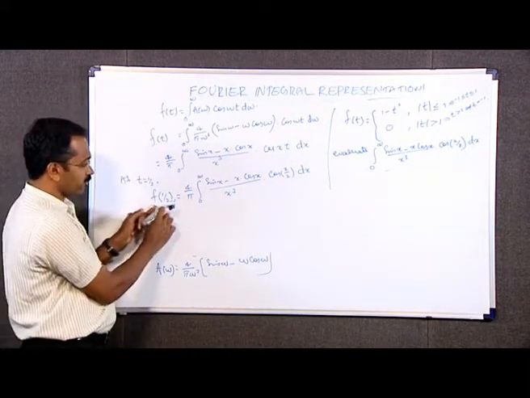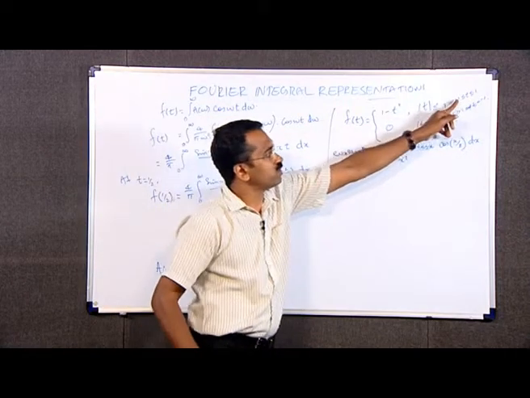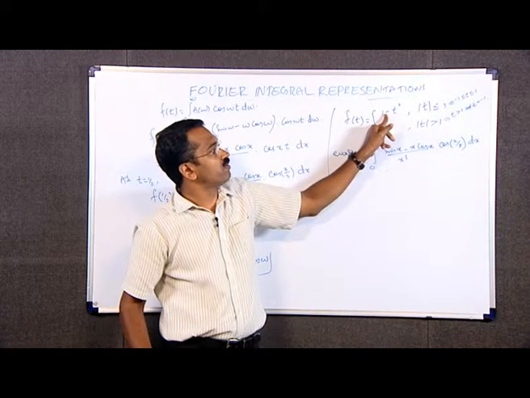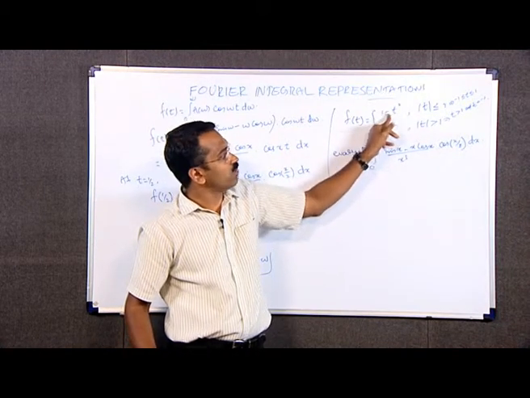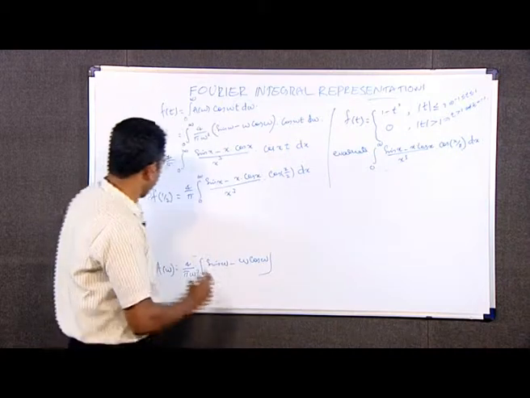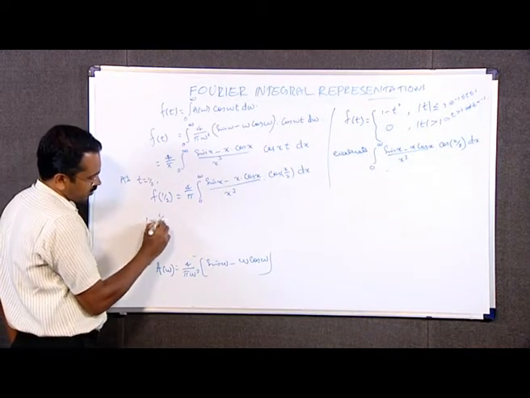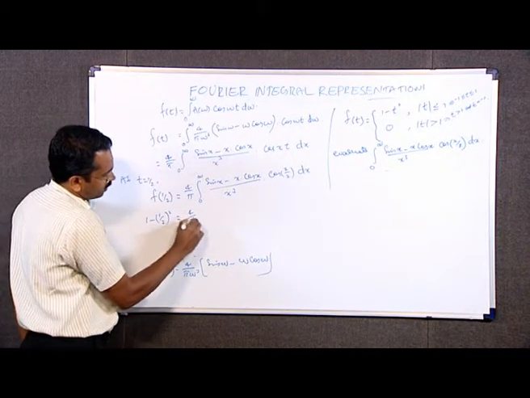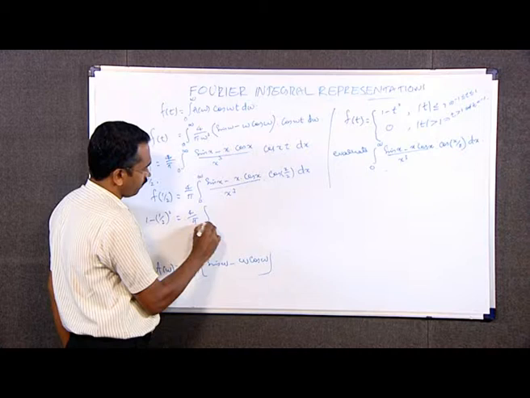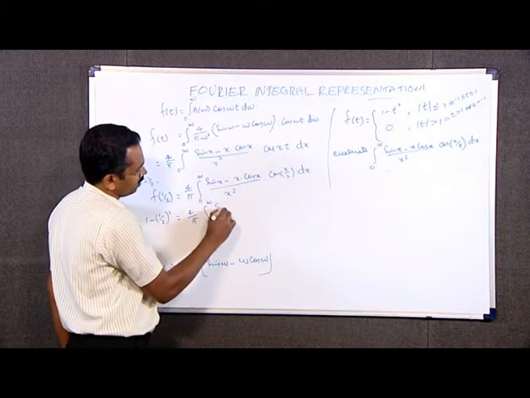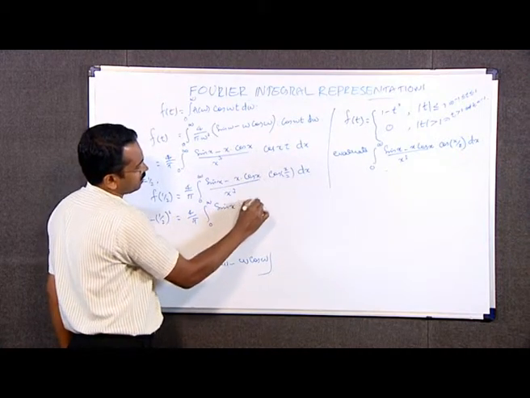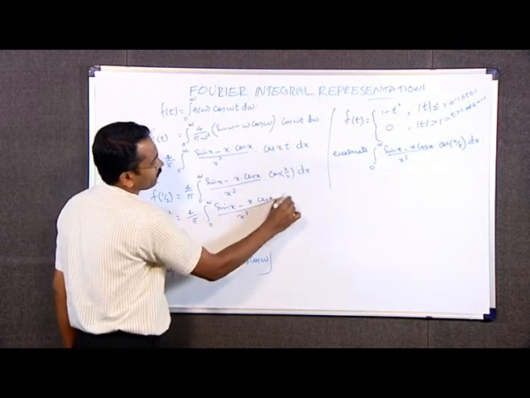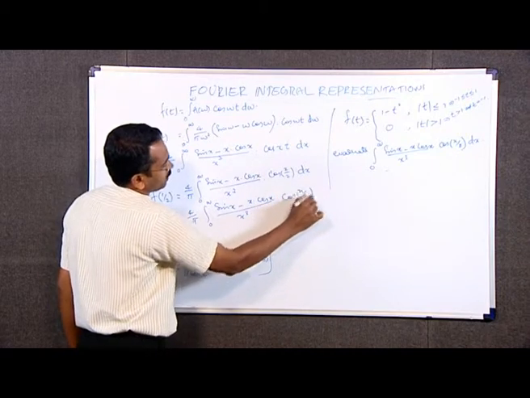Here, f of 1 by 2 means 1 by 2 is in this interval. Therefore, the function is 1 minus t square, that is 1 minus (1 by 2) the whole square, which is equal to 4 by pi into the integral from 0 to infinity of (sin x minus x cos x) divided by x cube into cos x by 2 dx.